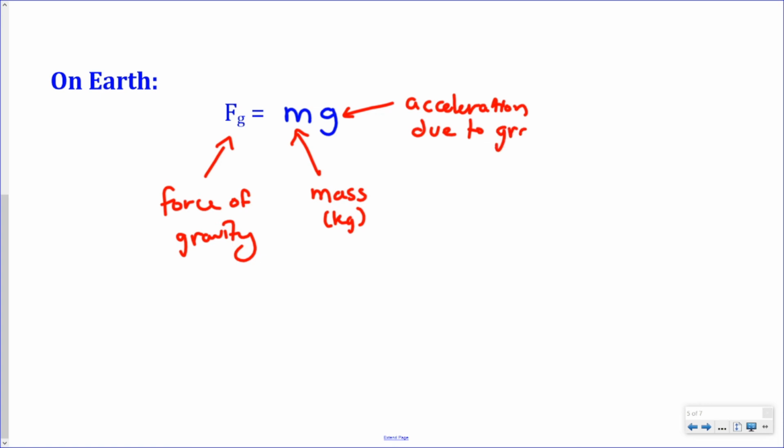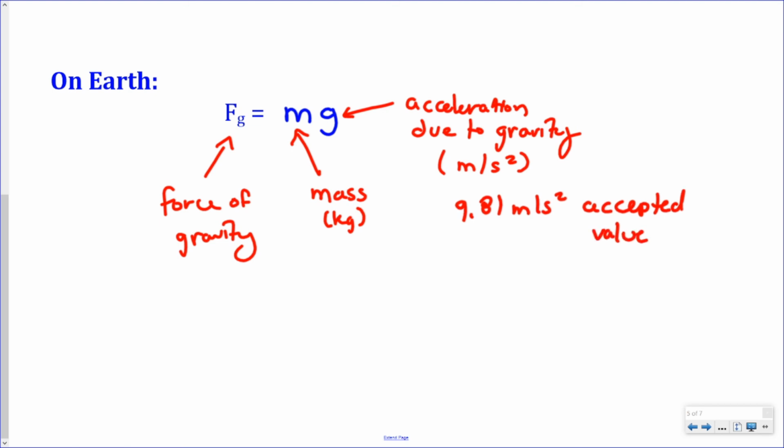You were doing some questions with that, so we should remember that it is in meters per second squared. Here on Earth, our accepted value is 9.81 meters per second squared. That will change slightly if you are under the water, at sea level, or way up at the top of Mount Everest, but this is the value we're going to use.